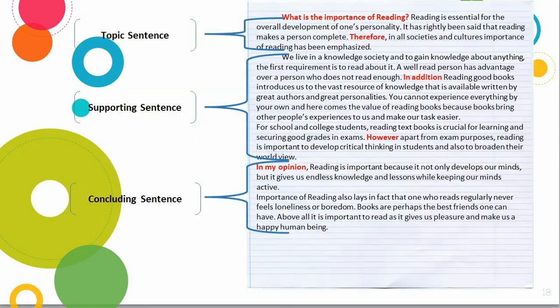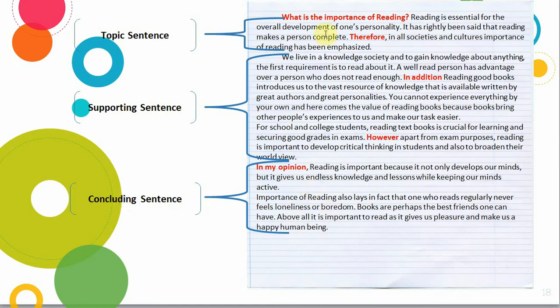The next step here, we have a paragraph. Here we have a space, then we write our main idea. And here we divide our paragraph into three parts. The first part is the topic sentence, the second part is the supporting sentences, and the last one is the concluding sentence.